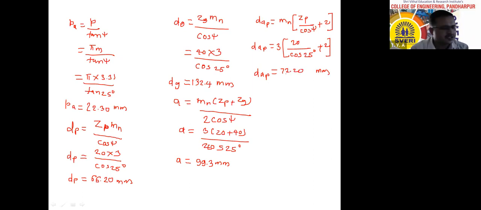mm. Similarly, calculate dedendum circle diameter DFP. काय formula? mn into bracket ZP divided by cos of psi minus 2.5, which is equal to 3 into bracket 20 divided by cos of 25 degree minus 2.5.